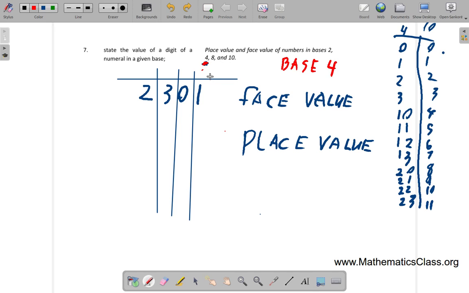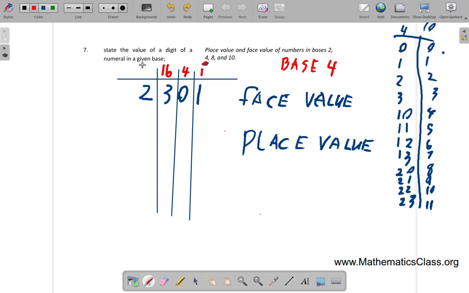So this is ones. How many ones you have? This would be how many 4s? 4 to the 0 is 1. 4 to the power of 1 is 4. This would be 4 to the 2, 4 squared is 16.